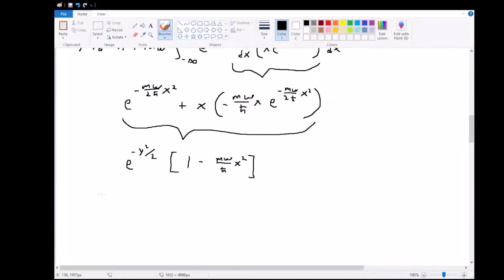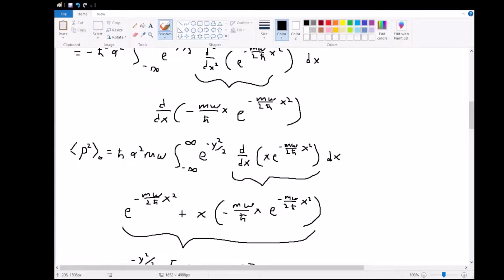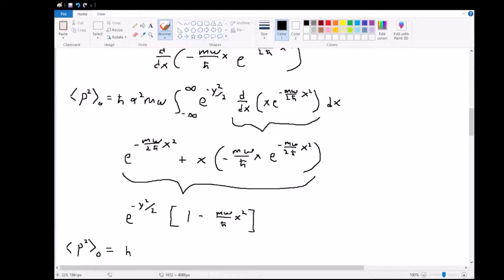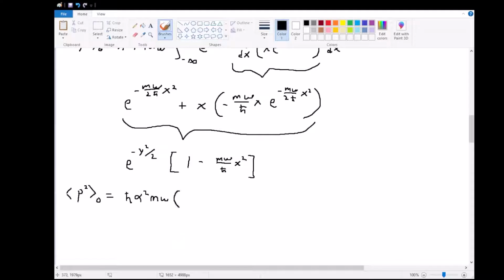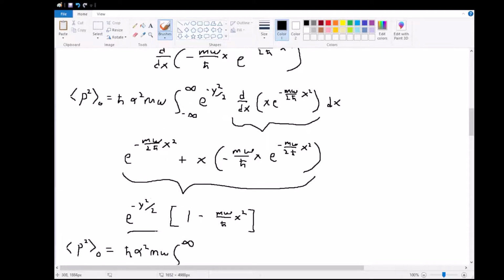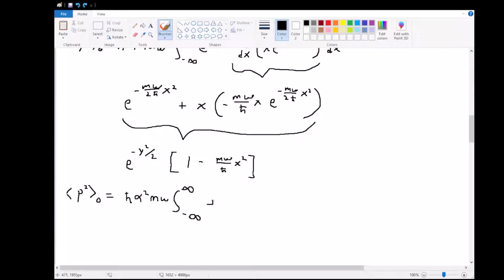And we plug that back in and we get that the expectation value of p squared in the psi naught state is going to be equal to h bar alpha squared m omega times our integral from negative infinity to infinity, and then we have one e to the negative y squared half term here, and we have the other e to the negative y squared half term at the front, so that becomes e to the negative y squared.